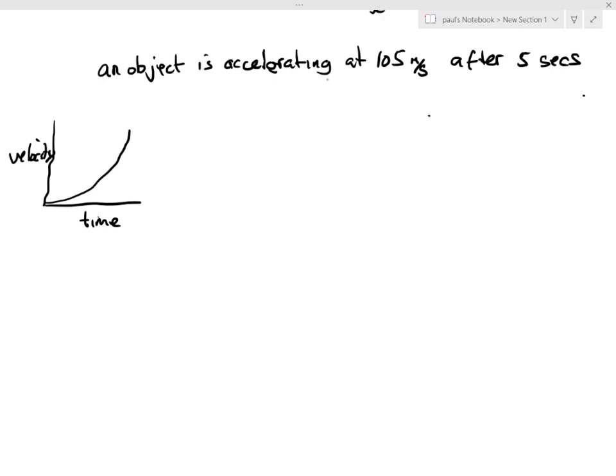So after 105 and 5 seconds, that point is doing 105 after 5 seconds. So we need to work out how fast will it be going at 13 seconds?